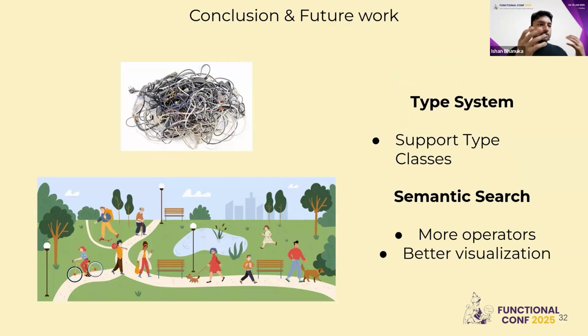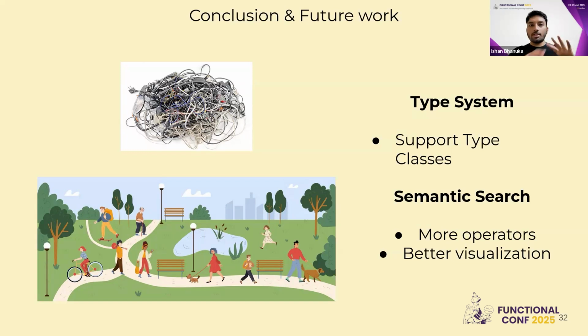So taking a step back, what were we discussing this whole time? We were trying to untangle data flows in a program into neat paths that we can search upon. And once we can search them, we can use it to power all kinds of tools. There's a lot of future work needed for this that I'm currently working on. One of them is to support type classes.